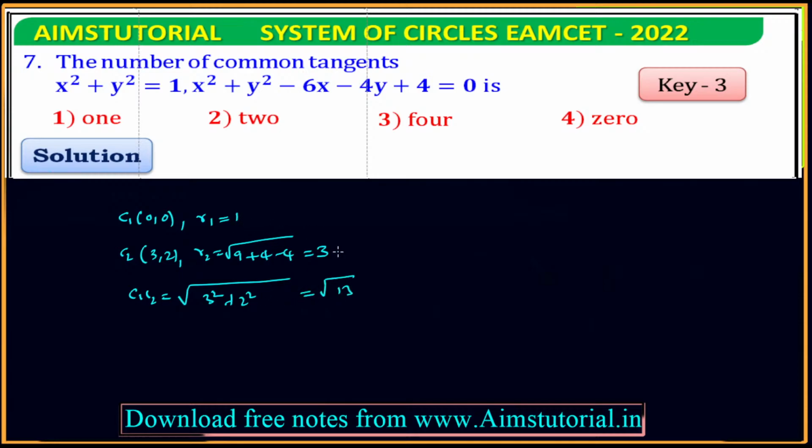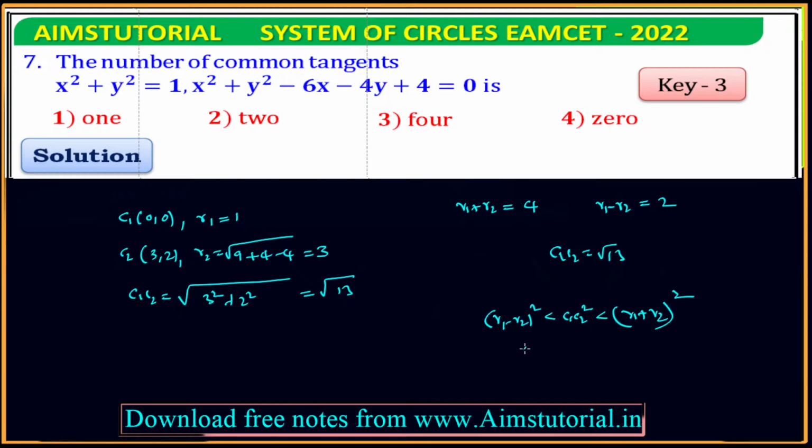What about R1 plus R2? R1 plus R2 equals 4, and R1 minus R2 equals 2, and C1C2 equals root 13. If we square on both sides, we compare C1C2 whole square with R1 plus R2 whole square and mod R1 minus R2 whole square.